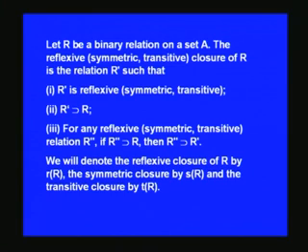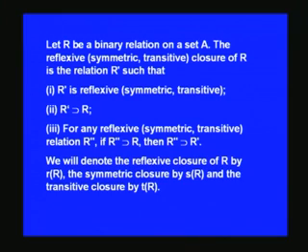Similarly, for transitive closure you have to read like this. Let R be a binary relation on a set A. The transitive closure of R is the relation R dash such that R dash is transitive, R dash contains R, and for any transitive relation R2 dash, if R2 dash contains R, then R2 dash contains R dash.